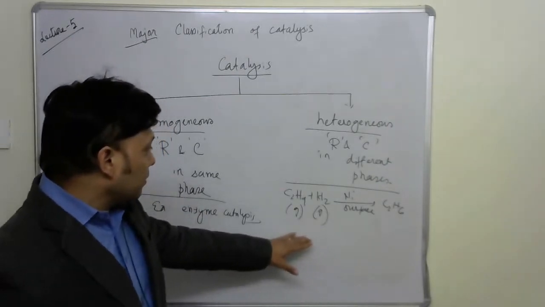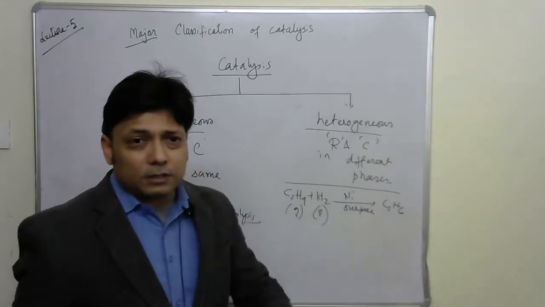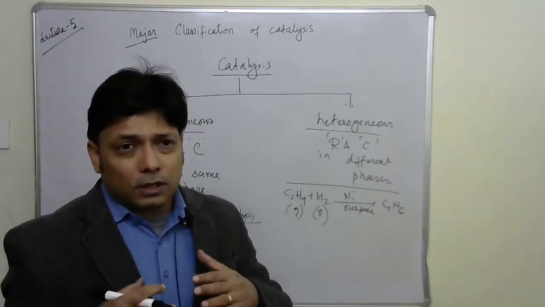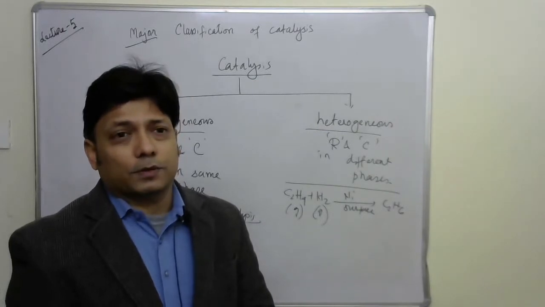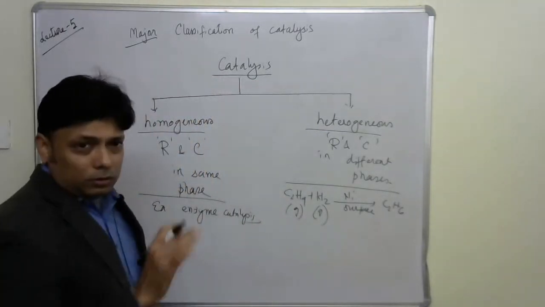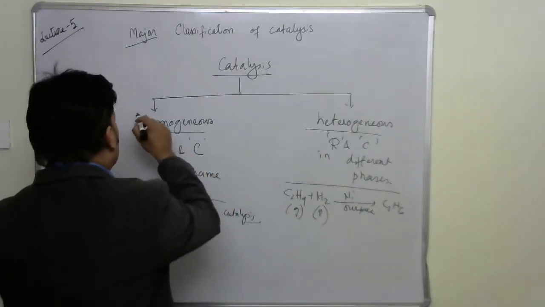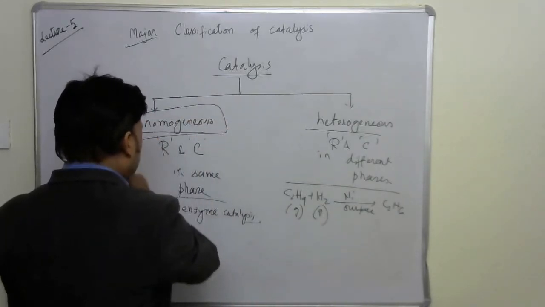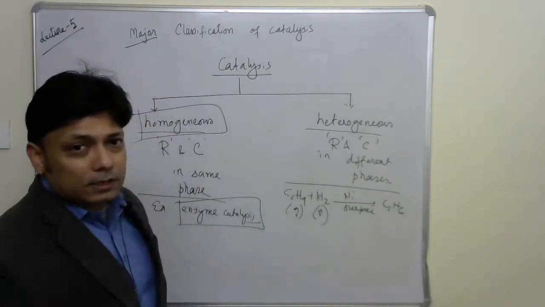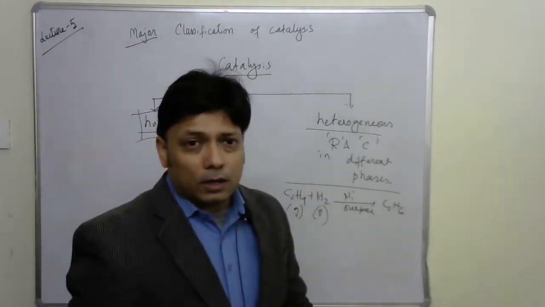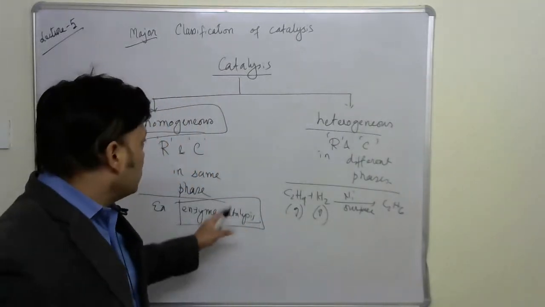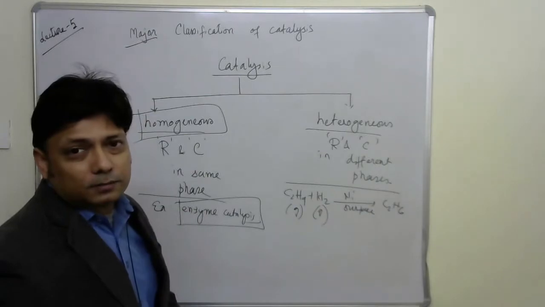And then without heterogeneous catalysis it is not possible to do many important industrial transformations. So therefore in this course we will learn both. We will first start with homogeneous catalysis, and we will focus only on enzyme catalysis, and later on we will take on the heterogeneous catalysis. So let's start with enzyme catalysis.